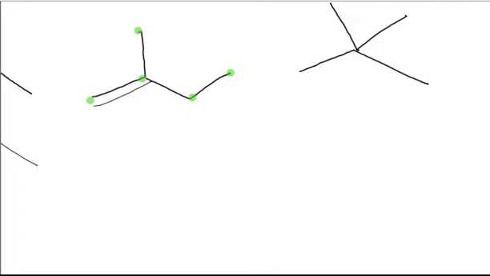And then we'll write in the number of hydrogens for each of those carbon atoms. Here I'll have 2. Here I'll have 0. That carbon already has 4 bonds. Here I have 3, 3, and 2. So I have 10 hydrogens on this molecule.